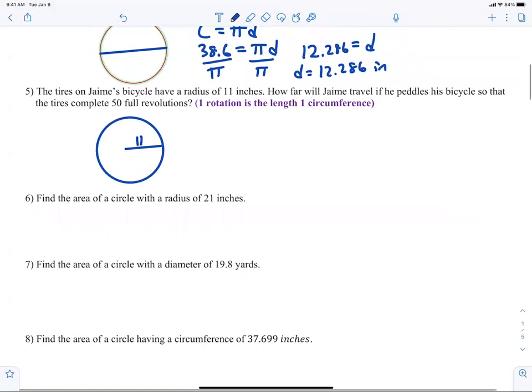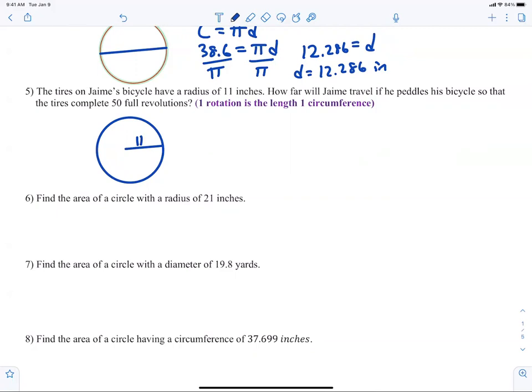Continue. How far will James travel if he pedals his bicycle so that the tires complete 54 revolutions? So what are we doing? I want a great explanation.